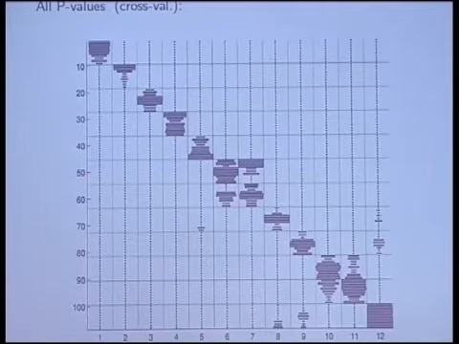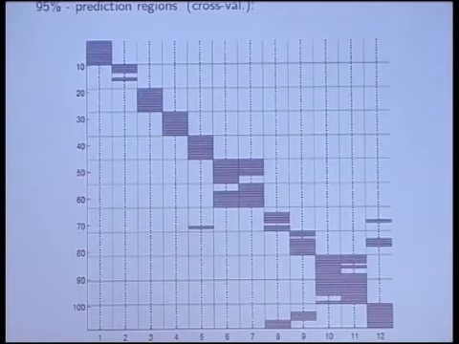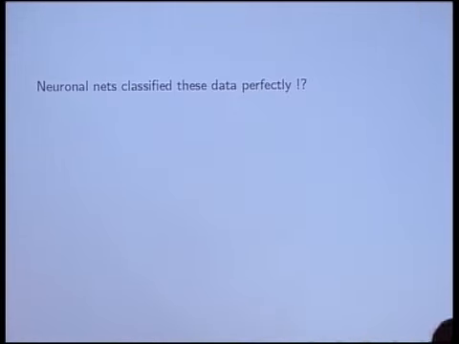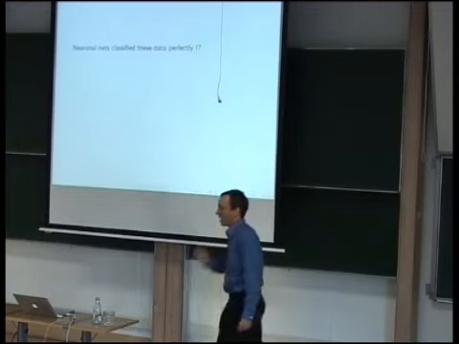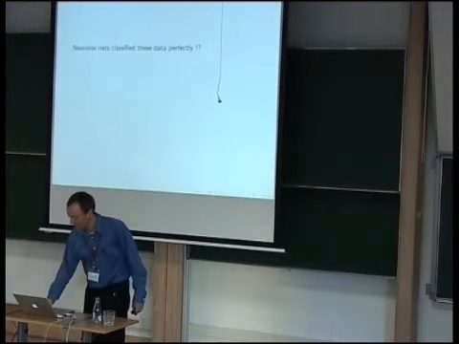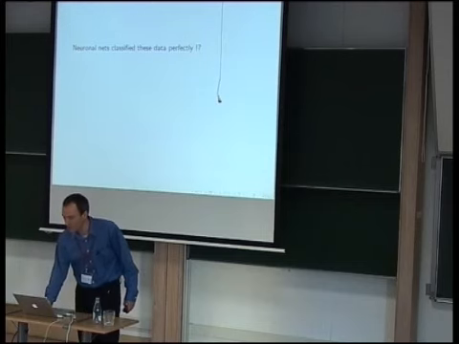So I was happy that I did not come up with a perfect solution. And the funny thing was that a colleague of mine who was very fond of neural nets analyzed the same data, and his classifier did perfectly, even with cross-validation. So we were wondering and discussing what was going on.